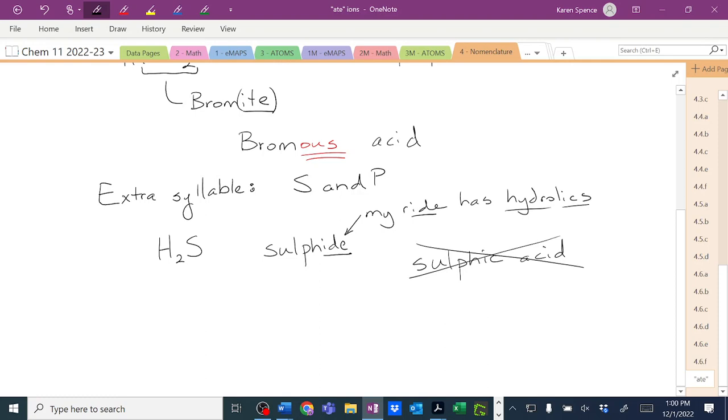It's actually going to have the extra syllable, so not just sulfic, but sulfuric acid. And oops, I forgot the hydro. Because this is an ide, it needs that hydro. So this is hydrosulfuric acid.